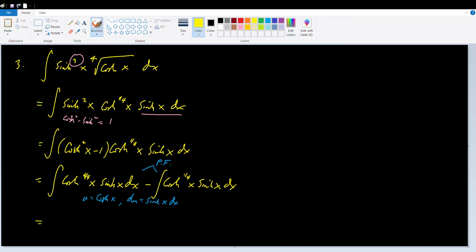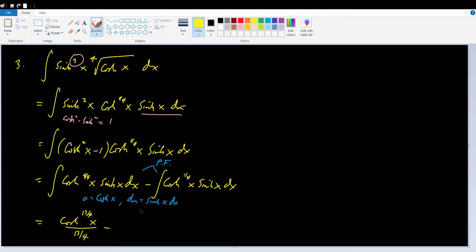So, for the first integral, it is actually u raised to 9 over 4, which will become hyperbolic cosine, 9 over 4 plus 1 gives us 13 over 4 of x over 13 over 4, minus, for the other integral, you have the same set of u and du.